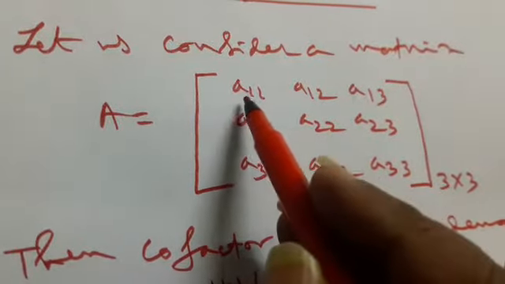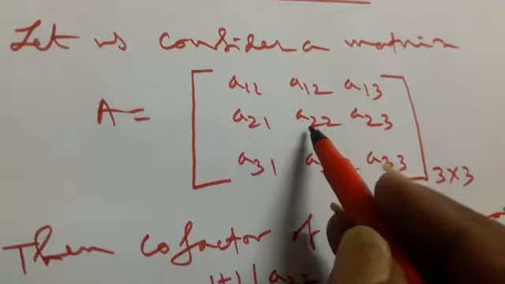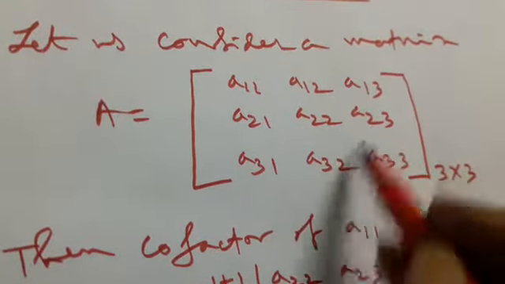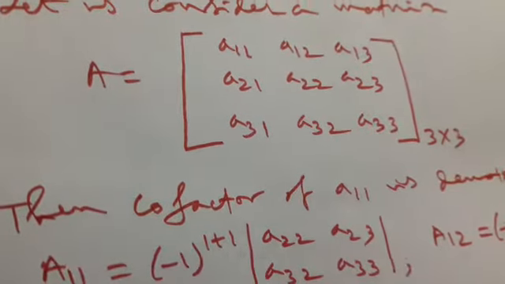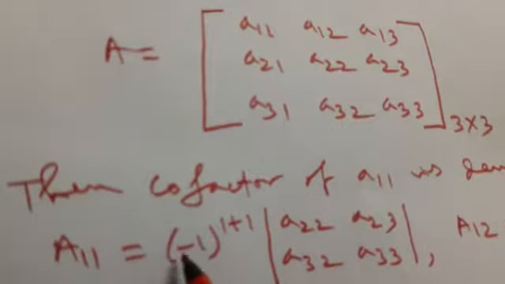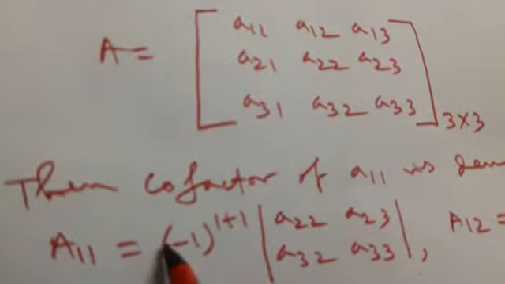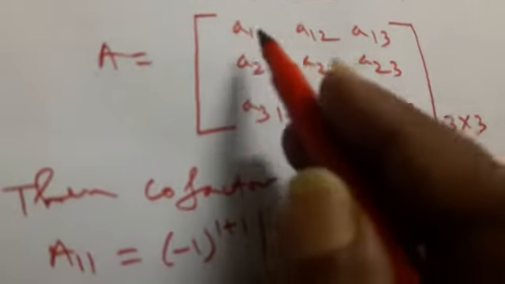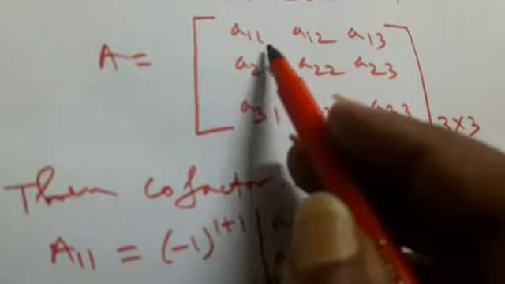If we remove the row and column of this element, the remaining elements will be A22, A23, A32 and A33. Writing them this way, this will be the determinant. To calculate the sign, we apply the formula (-1) to the power i plus j, where i, j is the position of the element.